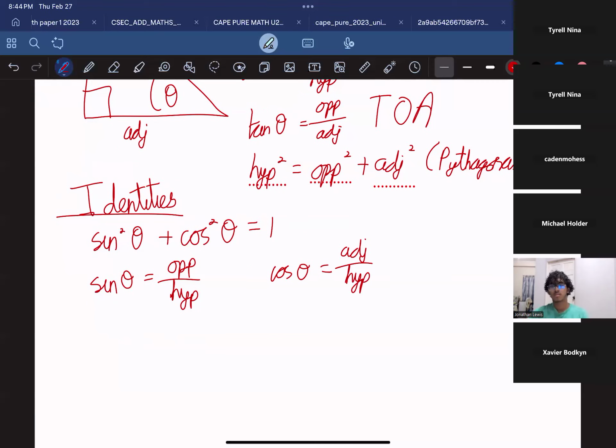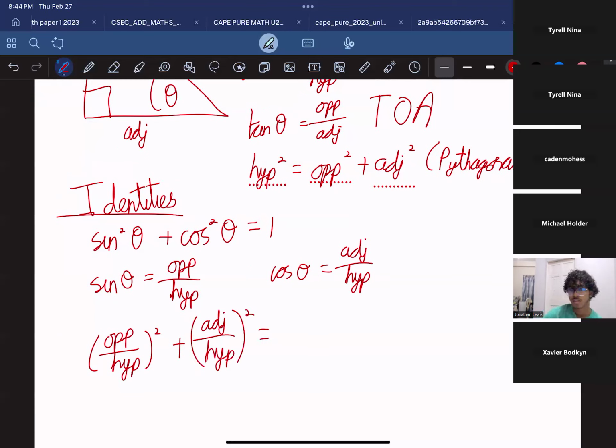If I substitute, opposite over hypotenuse squared plus adjacent over hypotenuse squared is equal to 1.